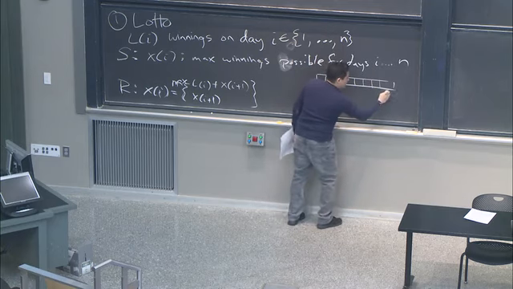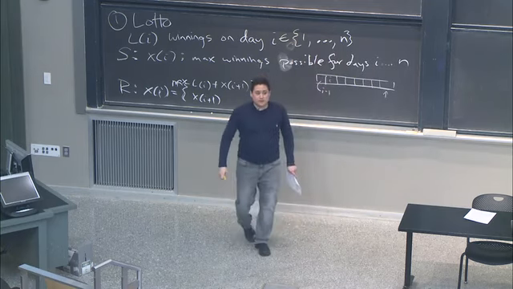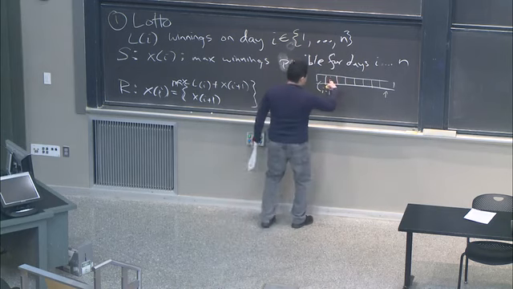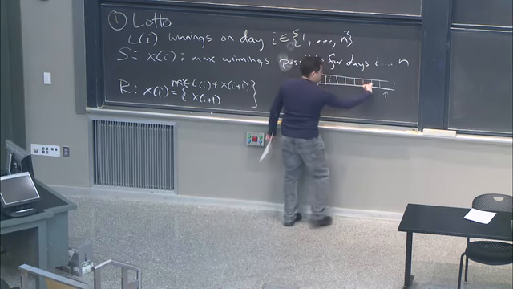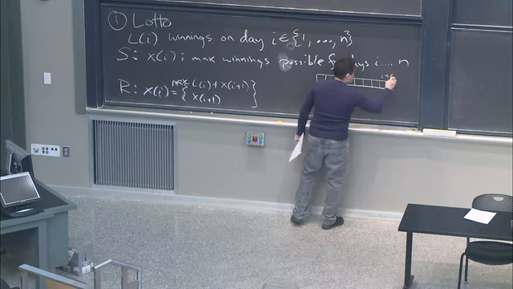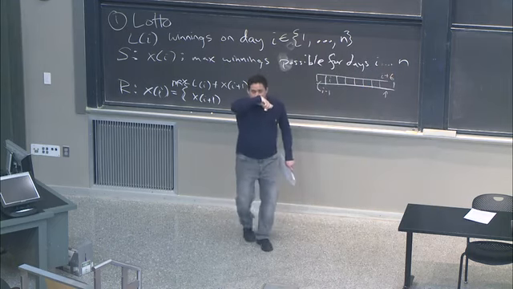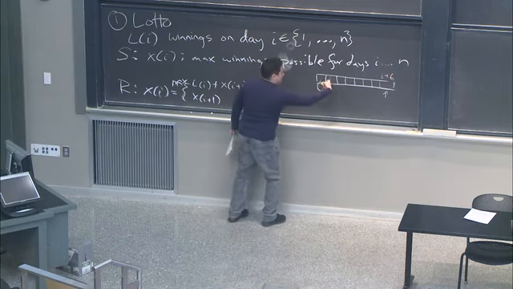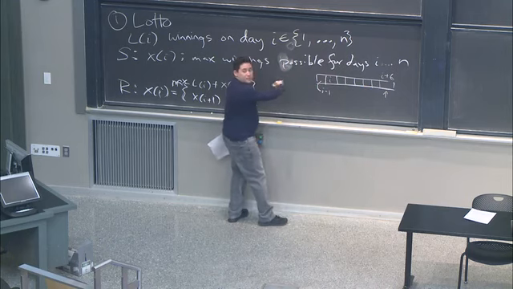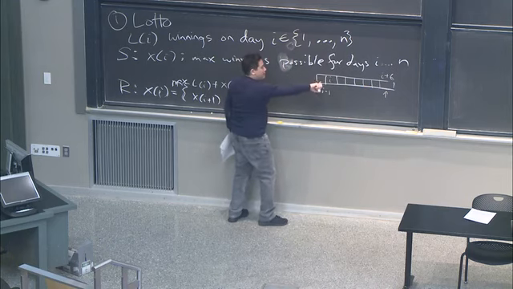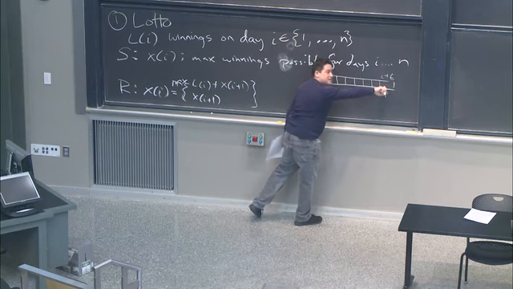I am allowed to play here, which is i plus 1, 2, 3, 4, 5, 6, so i plus 6. So depending on what happened before me, I might not be able to play until day i plus 6.